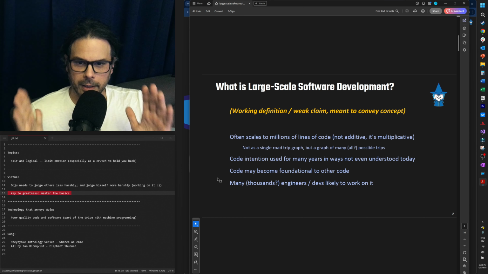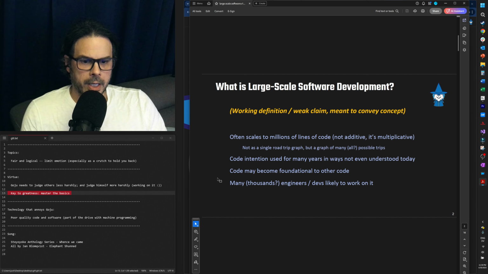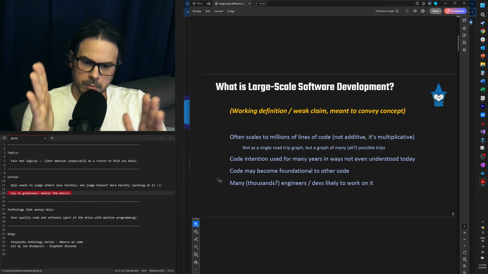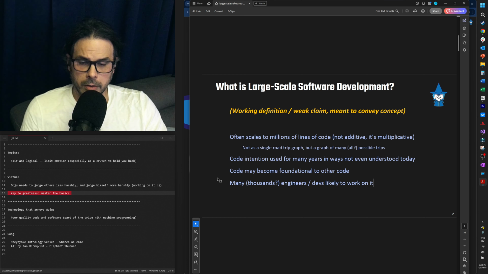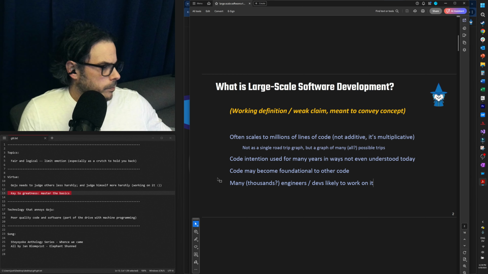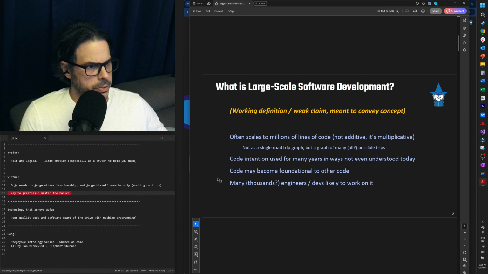Malleable, highly malleable, that you can massage it to do different things in a very easy way. I think the way they describe it in some of the software engineering books is loosely coupled, highly cohesive. Okay, so this is our working definition of large-scale software.